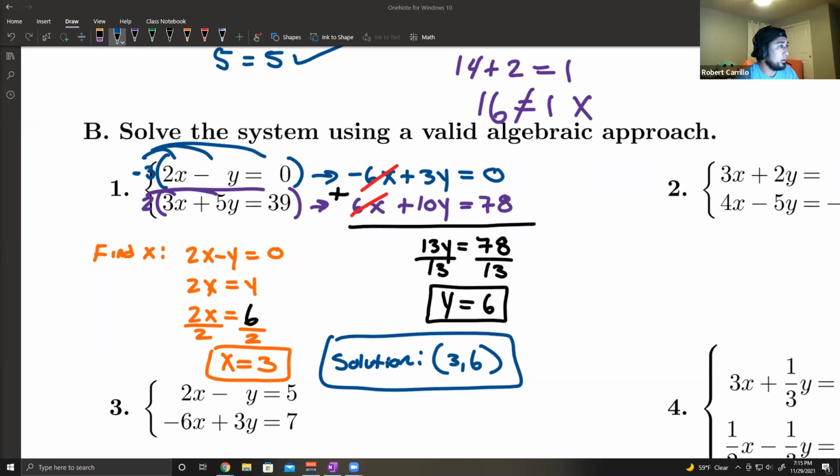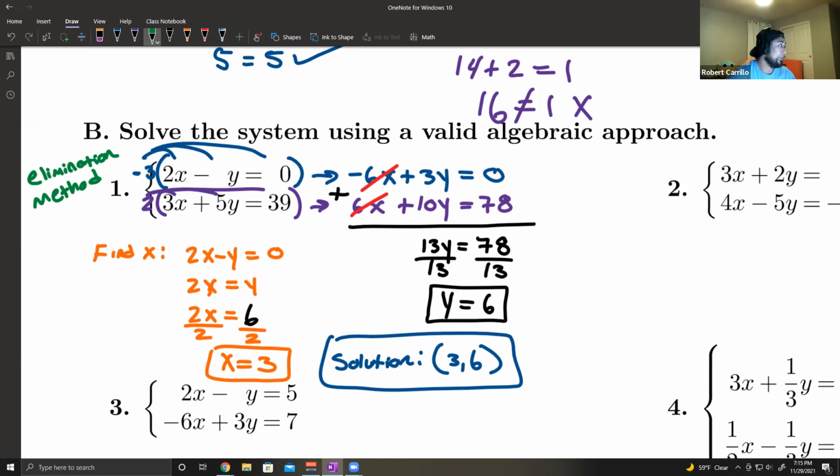Okay. Any questions on that? This was called elimination method. And it is one of the fastest ways to solve a system of equations.